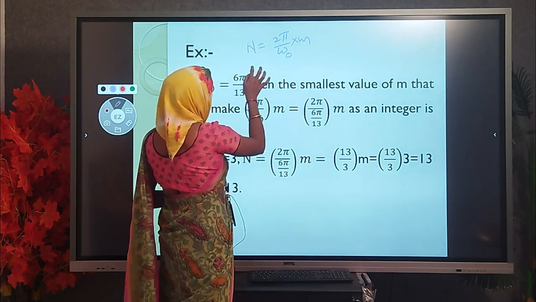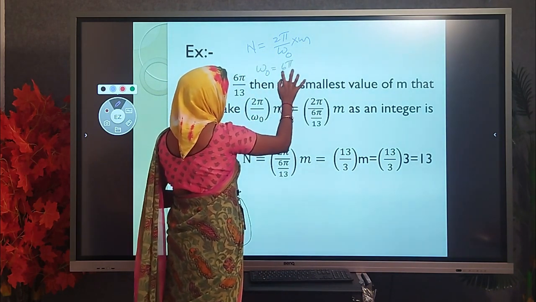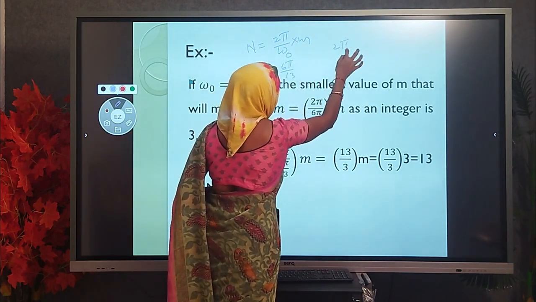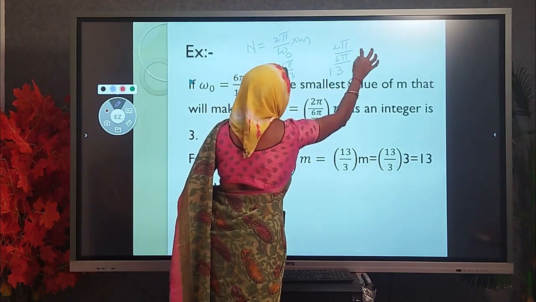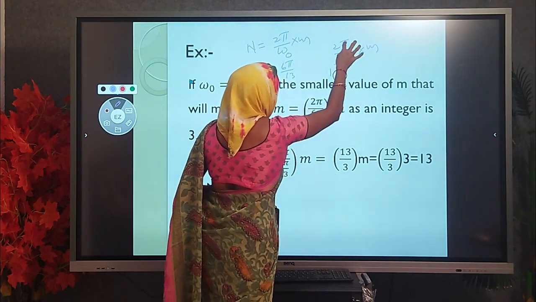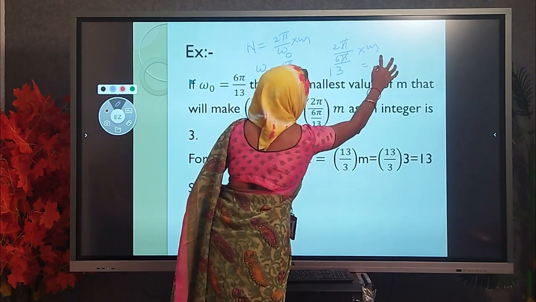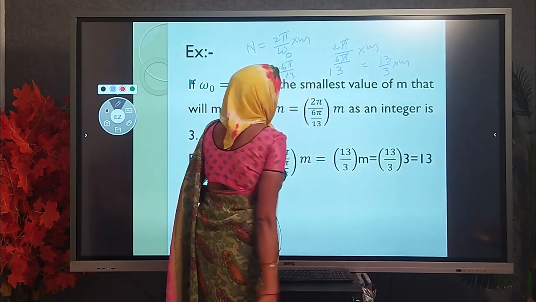And our given frequency is 6 pi by 13. You can substitute that value in this equation, then we get 2 pi by 6 pi by 13 into integer value. So simply our answer is 13 by 3 into integer value small m.